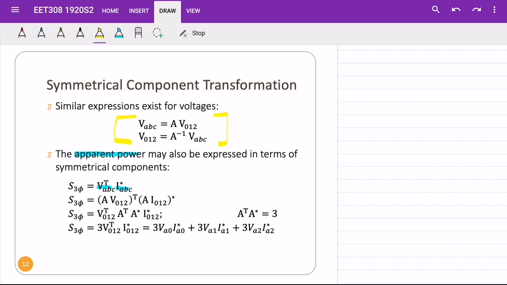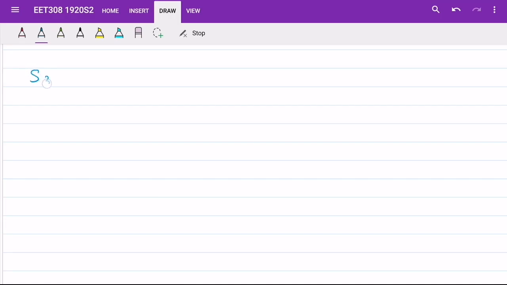This is the apparent power equation. So S three-phase equals the phase voltages transpose times the phase currents conjugate. So how to prove this equation? As we know, S three-phase equals VABC transpose times IABC conjugate. So VABC equals A times V symmetrical component, transpose, times A times I symmetrical component, conjugate.